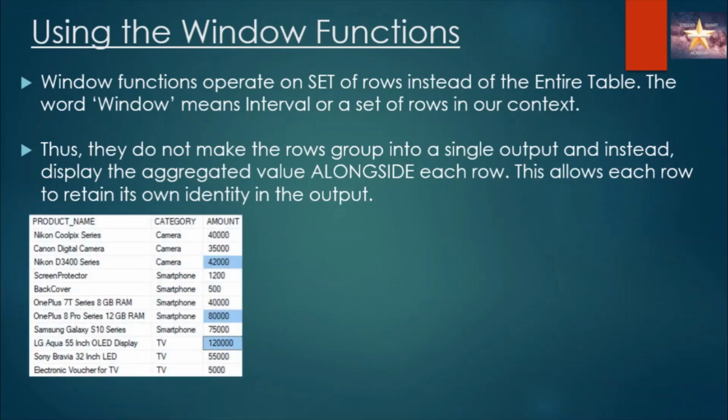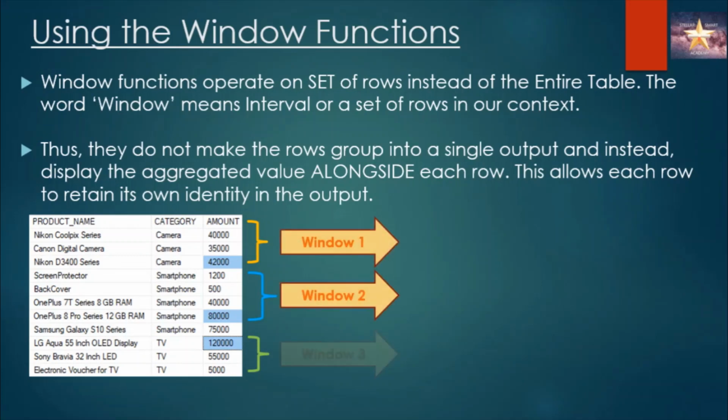In our case, if we see, we want to find out the maximum amount for each category. So the window functions will take the category column for creating the individual intervals or windows, and then for each of these three categories, which is camera, smartphone, and TV, they will create 3 corresponding windows.